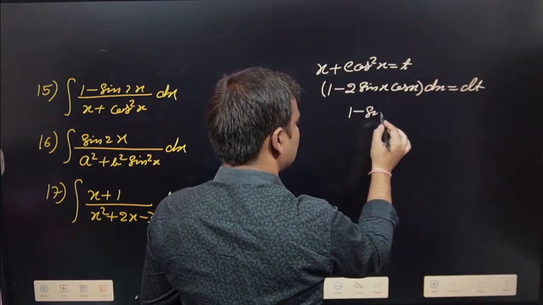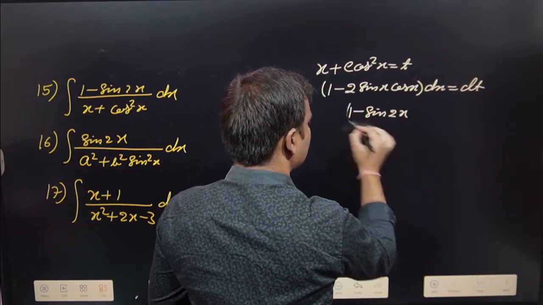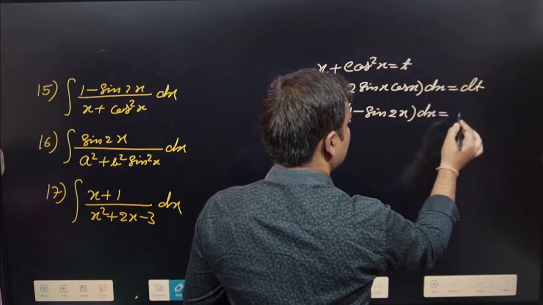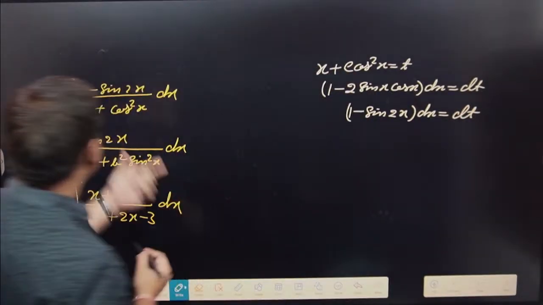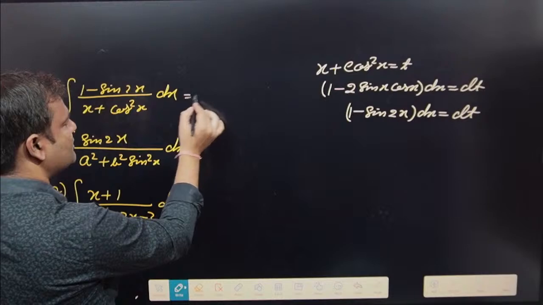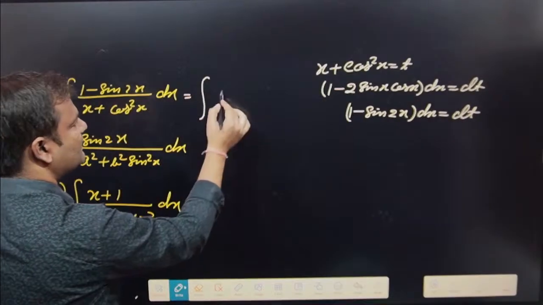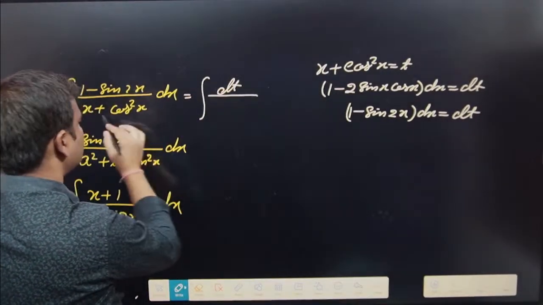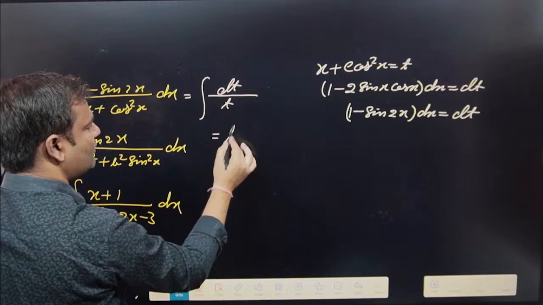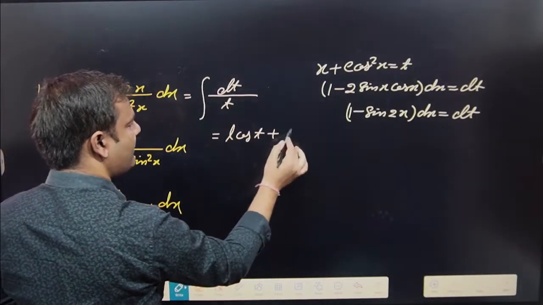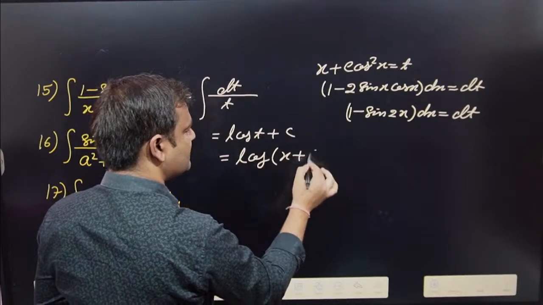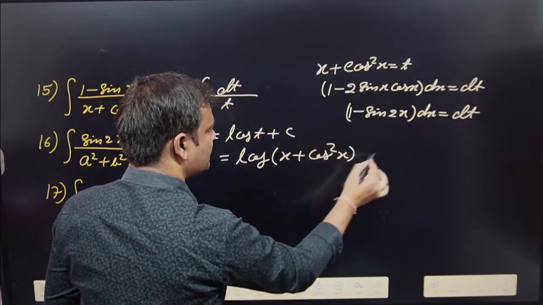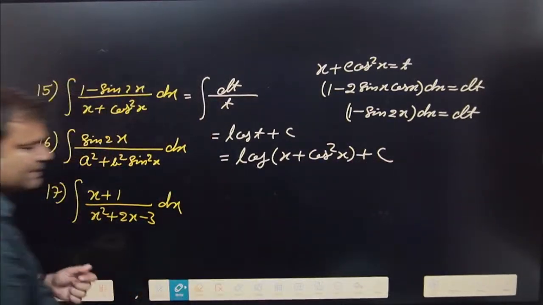So (1 minus sin 2x) into dx is replaced by dt. That part is the integration of dt divided by t. So log of t plus c, and log of t is basically log of x plus cos square x plus c, which is the right answer.